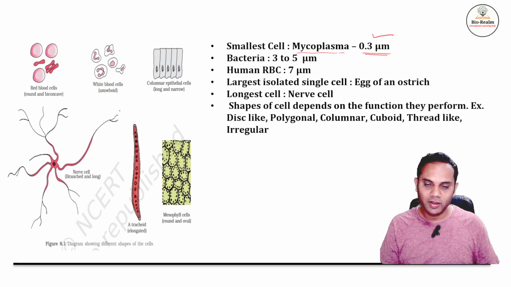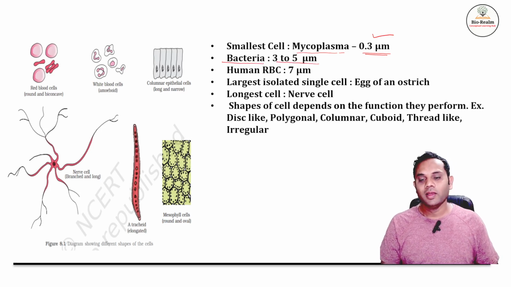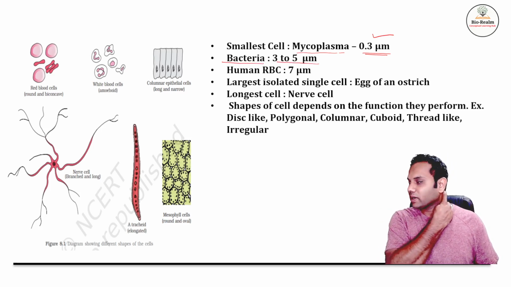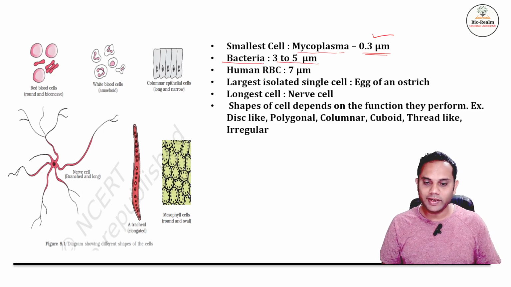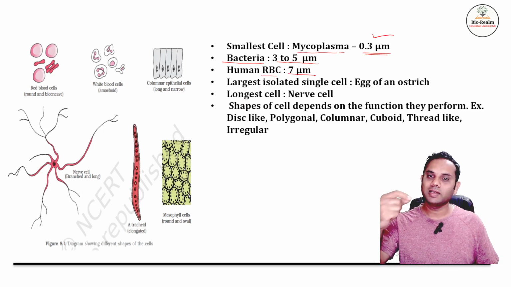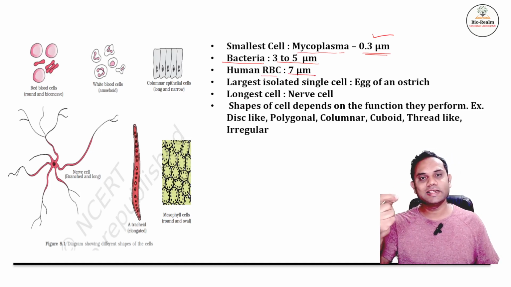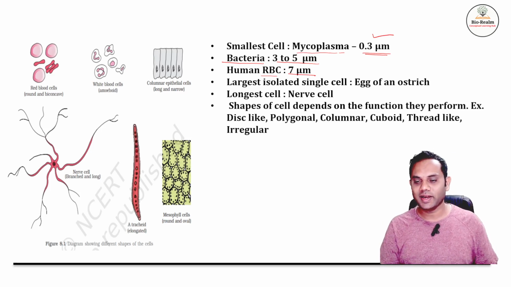Whereas if we see the size range in case of bacteria, it ranges from 3 to 5 micrometer. In case of multicellular organisms, human red blood cells have a size of around 7 micrometer. If we are asked the largest isolated single cell, then you must write the answer as an egg of the ostrich. You should memorize all these points.